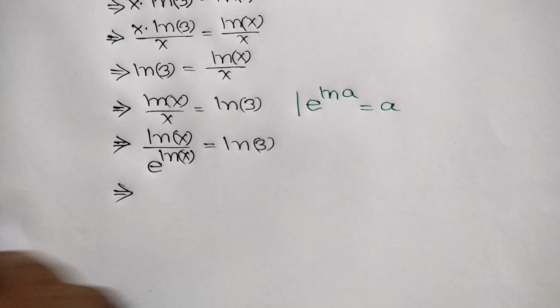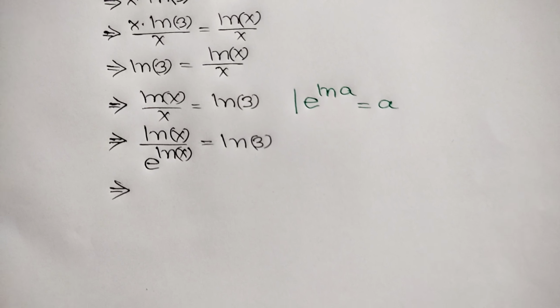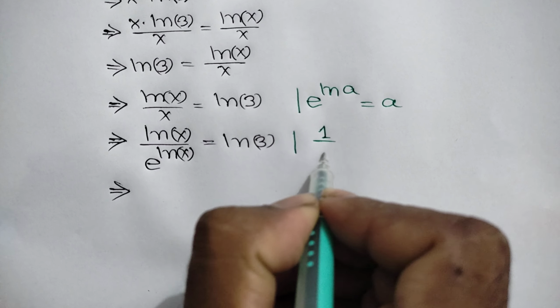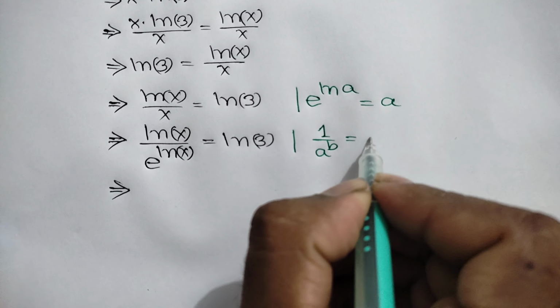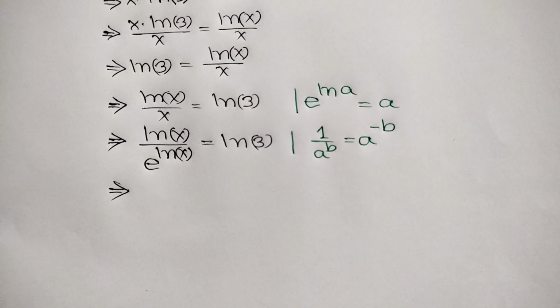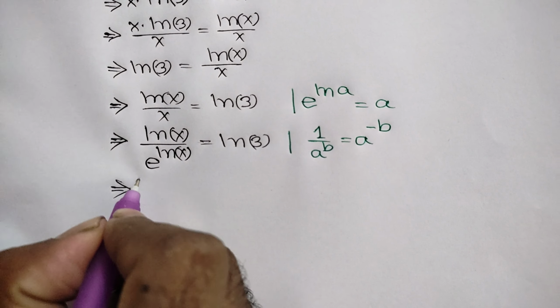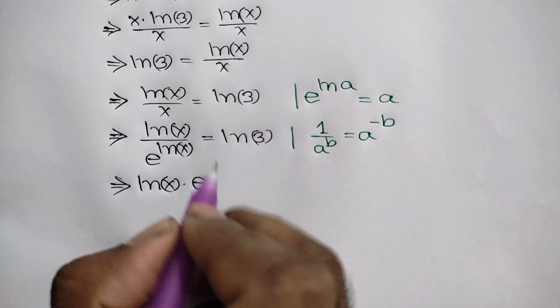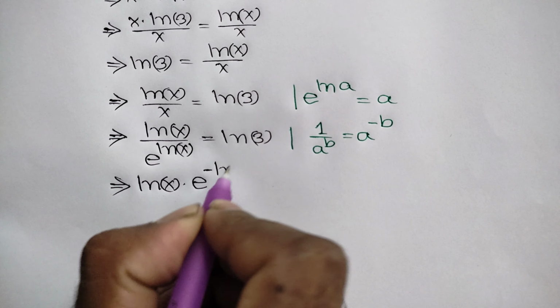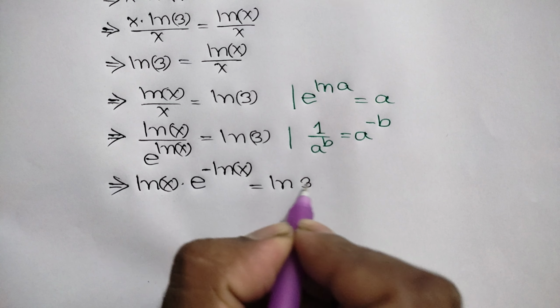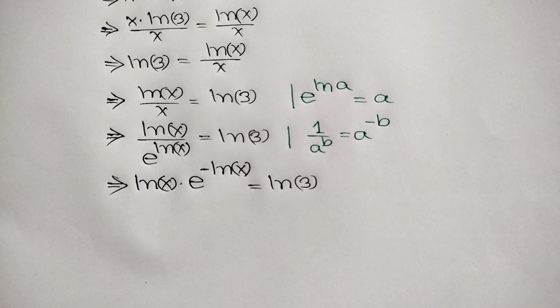Again we know 1 over a to the power b is equal to a to the power negative b. So we can write ln of x times e to the power negative ln of x is equal to ln of 3.